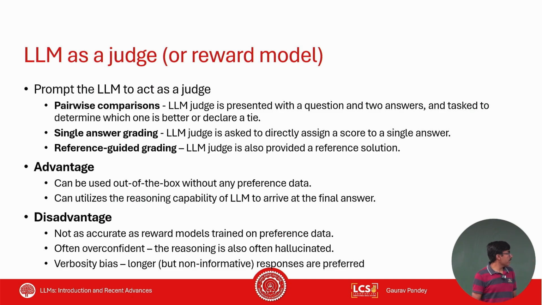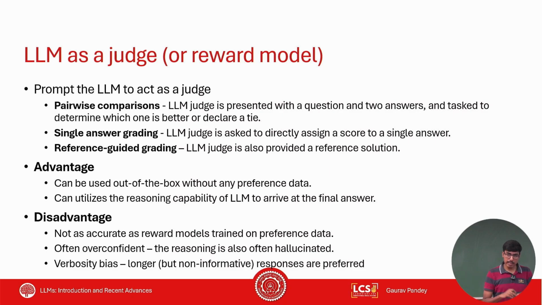Another reward model that people have used, and that has become more popular recently, is the LLM as a judge, but with some additions that we'll talk about later. So LLM as judge is very simple. Let's say you want to do a pairwise comparison. You want to get pairwise preferences from the judge model. What you will do is take the input and the 2 outputs that you have, show them to the judge model, and ask it to pick the better response and also give reasoning for why it is better.